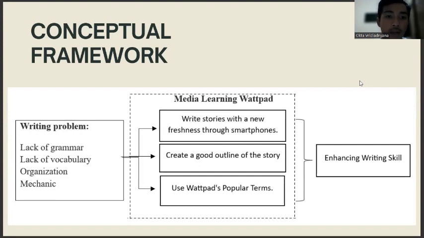Okay. After that we see what the writing problem is in the conceptual framework. The researchers use three steps with the media learning WATTPAD as a solution to the problem. The first, write a story with new freshness through smartphones. The second, create a good outline of the story.